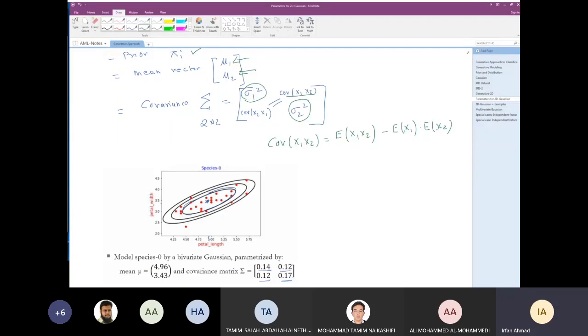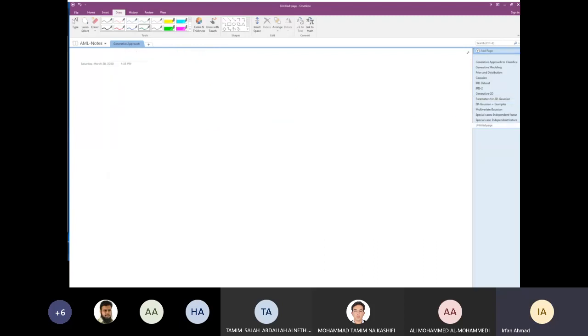So again, to make it clear, let's take some examples. Let's add a page as an example here. Just to speed up the calculation, I already did it offline, so I'll share it with you right now. Assuming that we have two features, x1 and x2, and these are the values for some samples: 3, 7; 2, 4; 4, 4; 5, 9; and 6, 14.